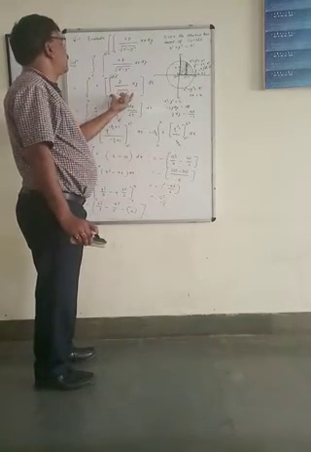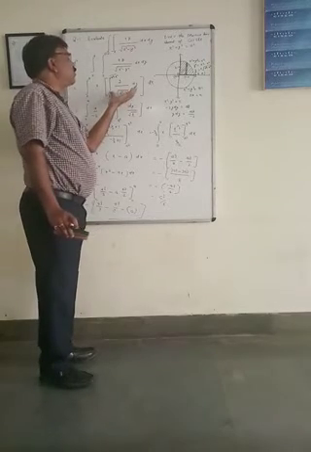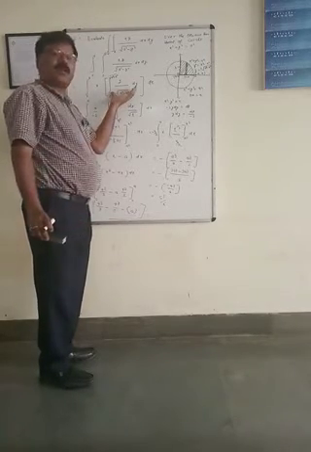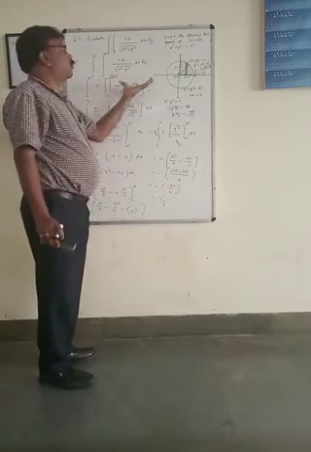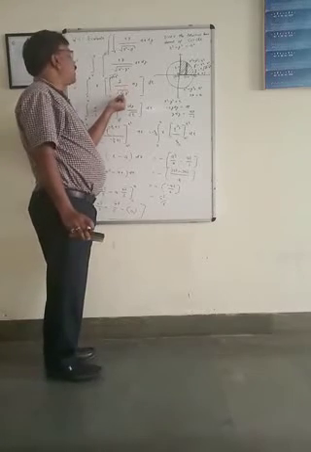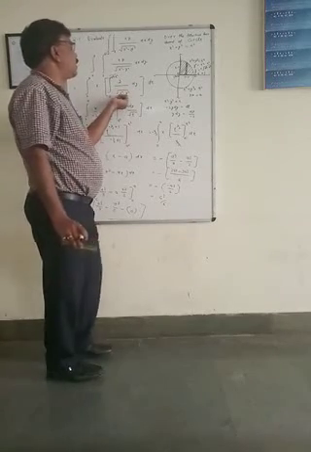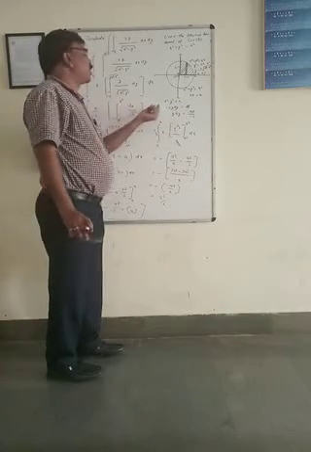This function can be expressed in this manner. It is because first of all we have to integrate only with respect to y, then integrate with respect to x. So in order to integrate with respect to y, we have to substitute a square minus y square is equal to t.